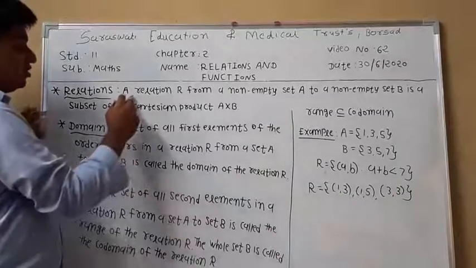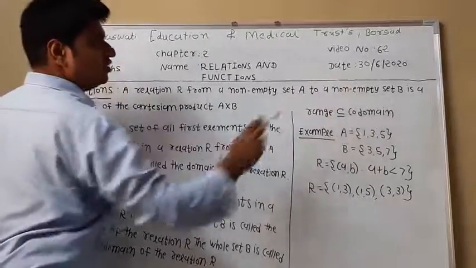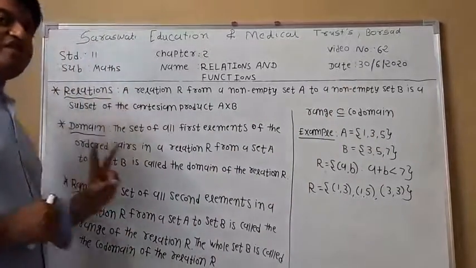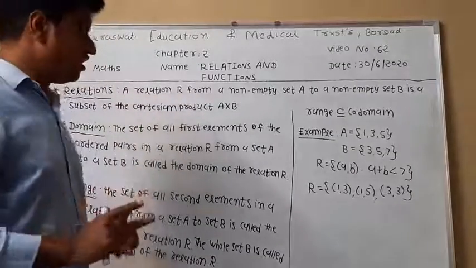A relation R from a non-empty set A to a non-empty set B. Here we consider two sets, set A and set B, and both sets are non-empty.